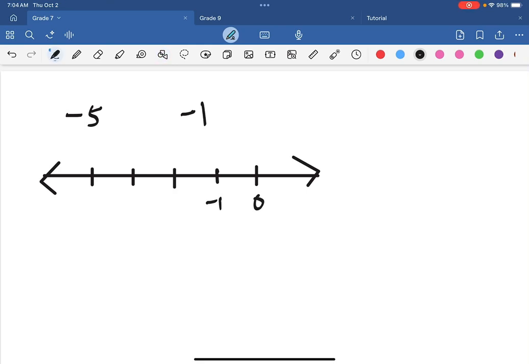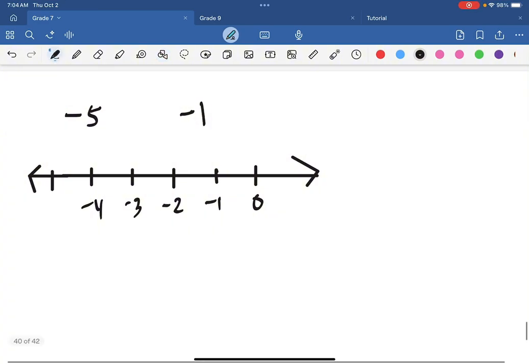Zero, -1, -2, -3, -4, and -5. Based on this, on the number line, our basis is from left to right.